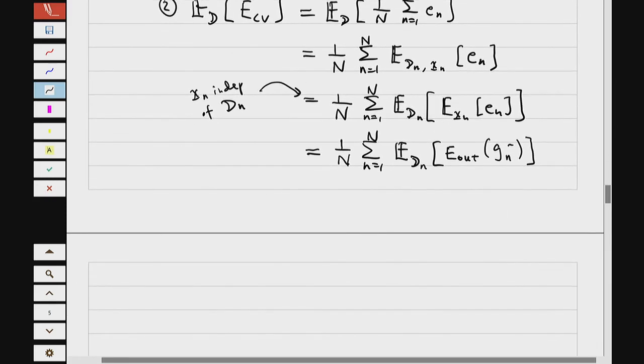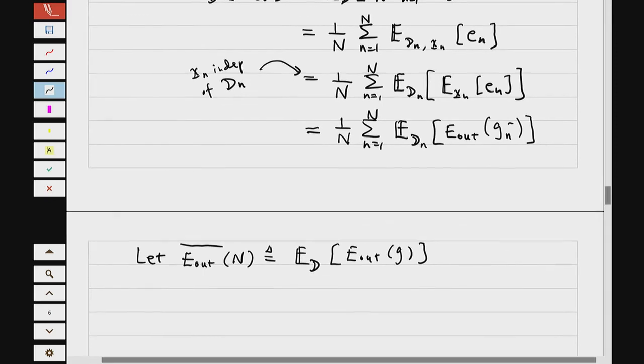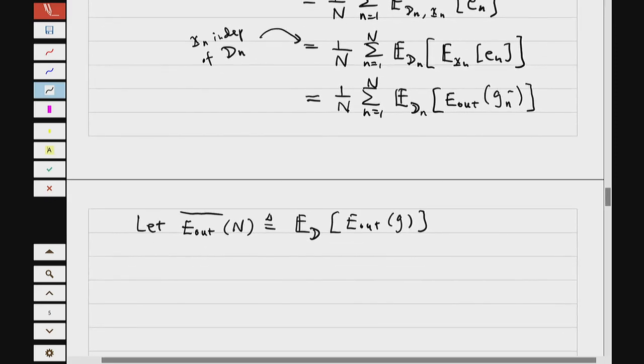So the trick is to define something a bit newer, but also not too new. Let's define this bar E_out, but it's going to be a function of n. If we define it as the expectation over the entire data set, this is something that we have seen before, in bias and variance. The test error is a function of the training data you have, because g depends on D. So you can talk about the expectation of this test error with respect to the training data.